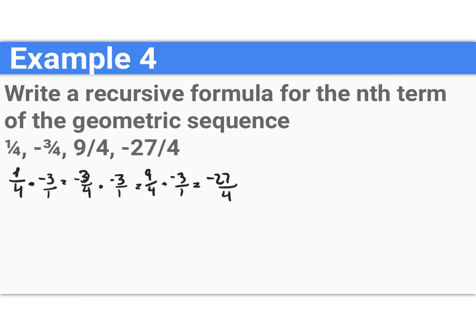Okay, so that's what we have. So the recursive formula is our D. So a sub n equals -3 times a sub n minus 1. Okay, that's all we do. Alrighty then.